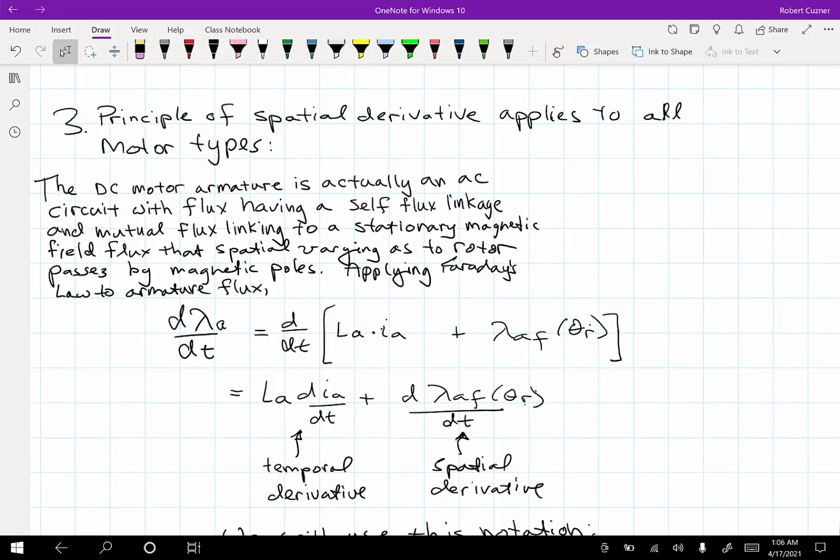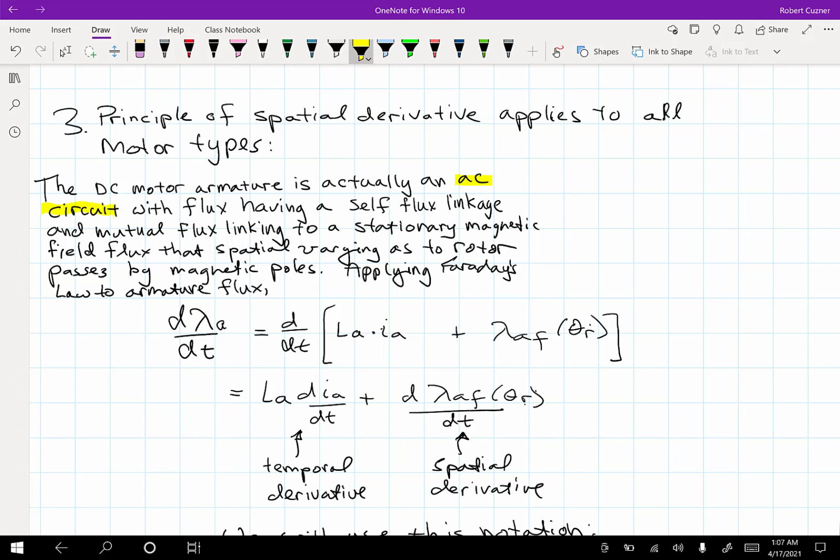Principle number 3 is that the spatial derivative of flux linkage applies to all motor types. For example, the DC motor armature is actually an AC circuit.